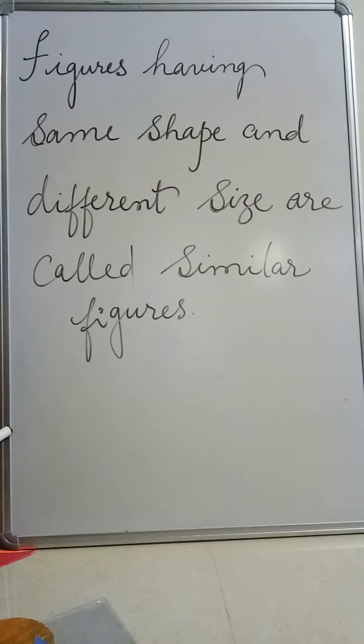In congruent figures, both shape and size are the same. In similar figures, shapes are the same but sizes are different. This is the difference between congruent and similar figures. Hope you can list the difference between these two.